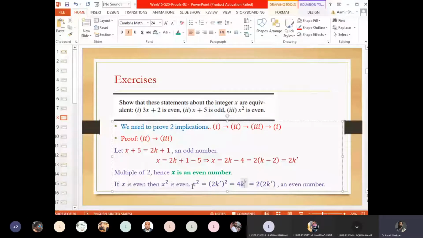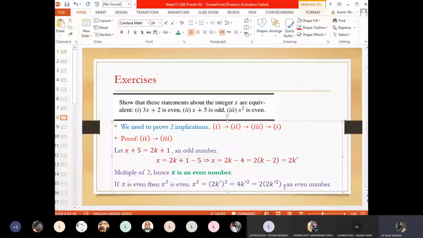Since x is even, x is equal to 2 times something. We saw it is 2 times k prime. So what will x square be? 2 times k prime, squared. So this is going to be 4 times k prime square. 4 is 2 times 2, so 2 times 2k prime square.